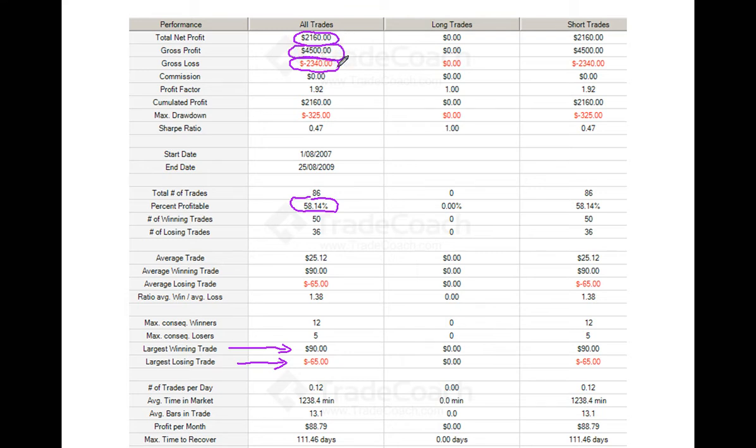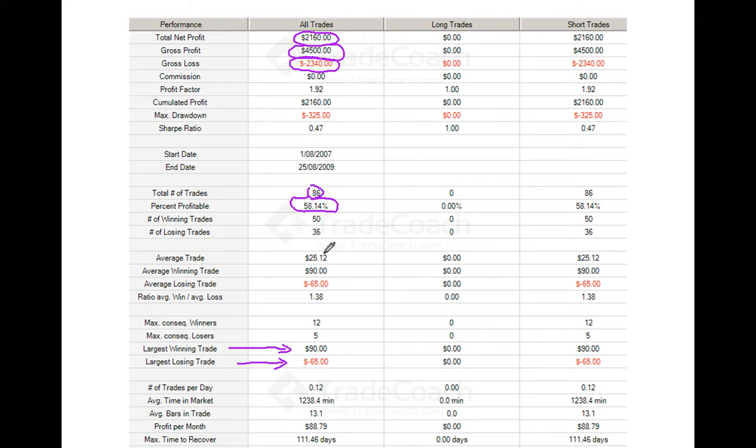So we're making twice as much as we're losing. So we've got the 90 and 65, and then if you factor in the 60% success, trying to get your head around that, you can't quite, you see you're winning more times than losing, but if you look at these numbers up the top here, these top three, what that says is you're actually making twice as much as you're losing. So you're making $2 for every $1 you lose overall, and that's a really good way of seeing it.